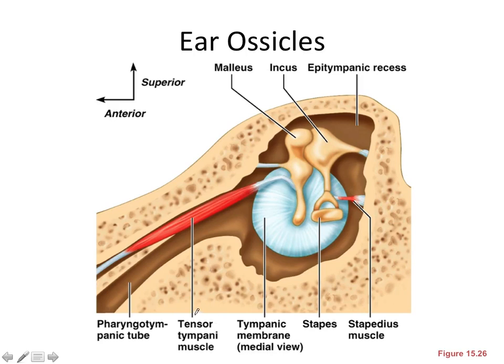So this tiny muscle, the tensor tympani muscle, contracts and pulls the malleus and pulls the tympanic membrane to make the tympanic membrane very tight.